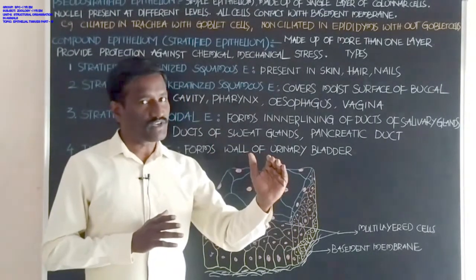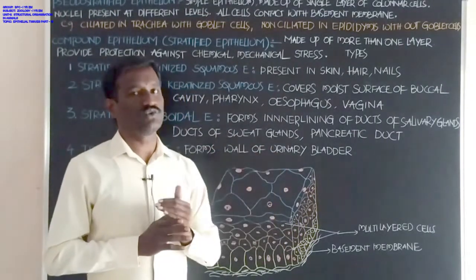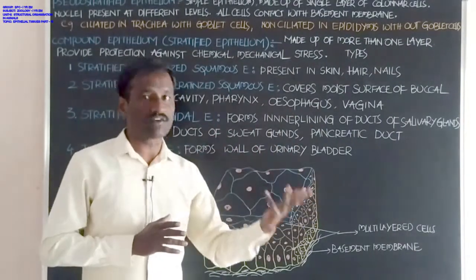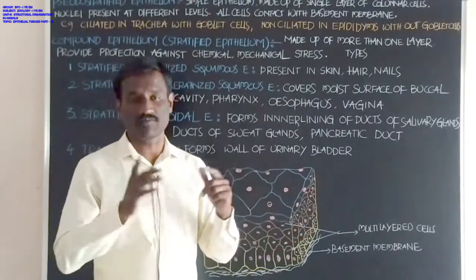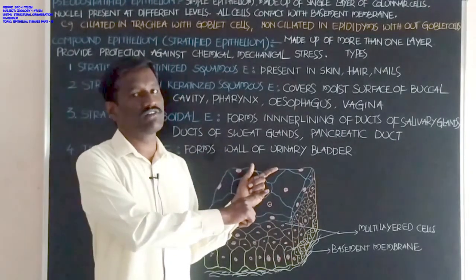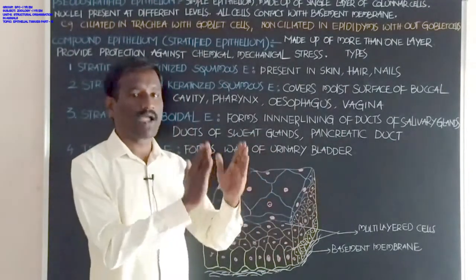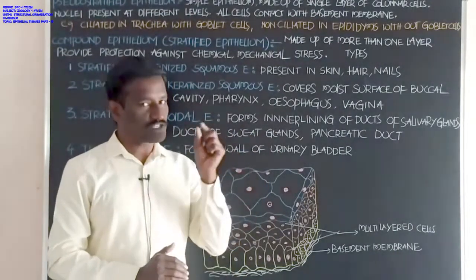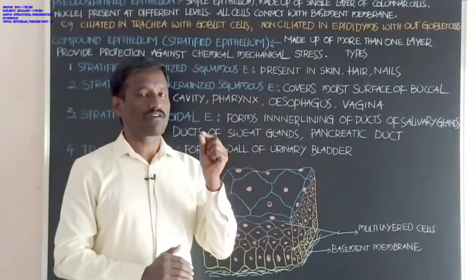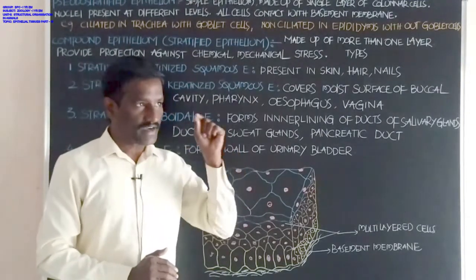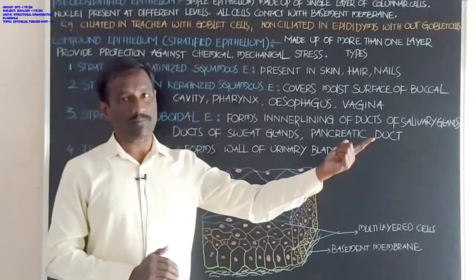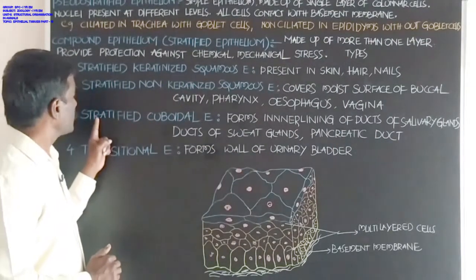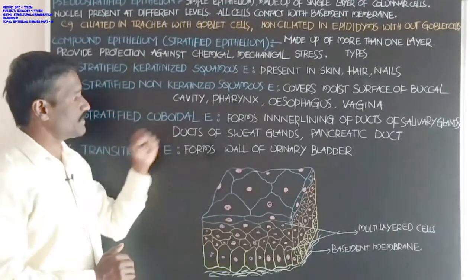Pancreatic juice enters the pancreatic duct, which later combines with the hepatic duct to form the hepatopancreatic duct, which opens into the first part of the small intestine called the duodenum. The pancreatic duct is lined with stratified cuboidal epithelium.